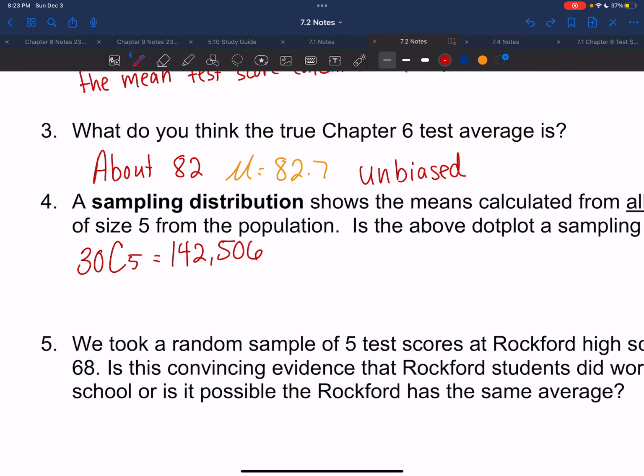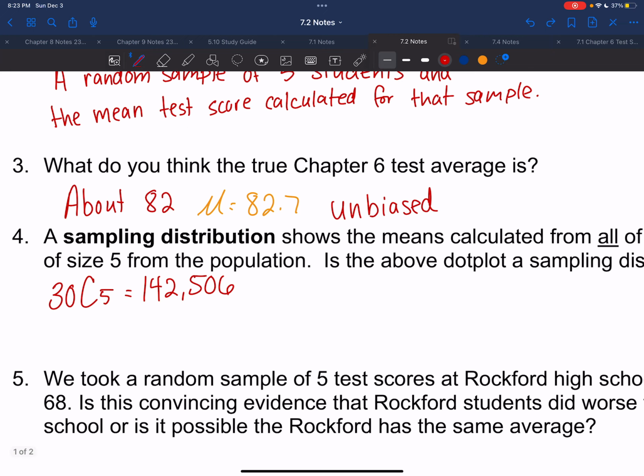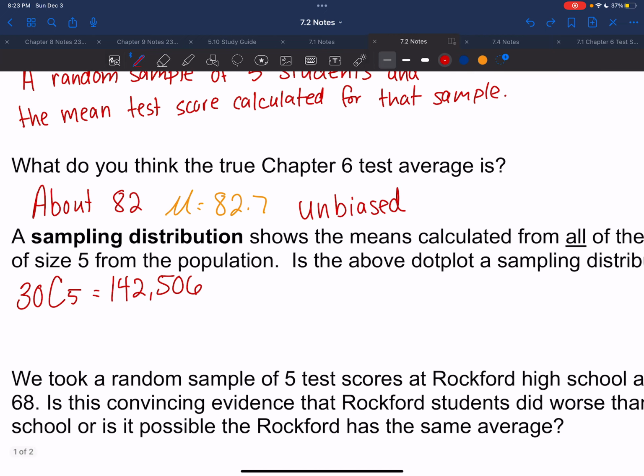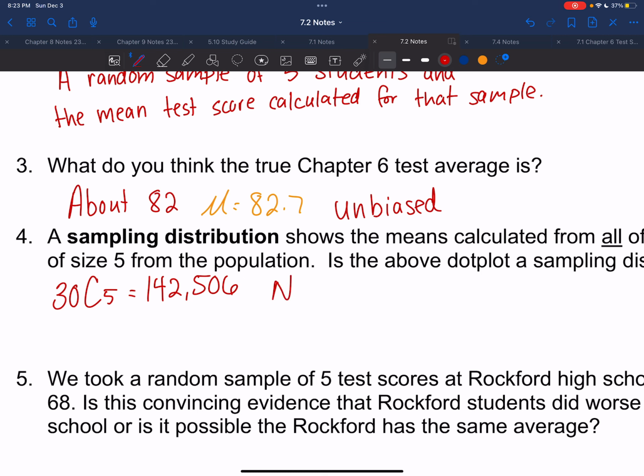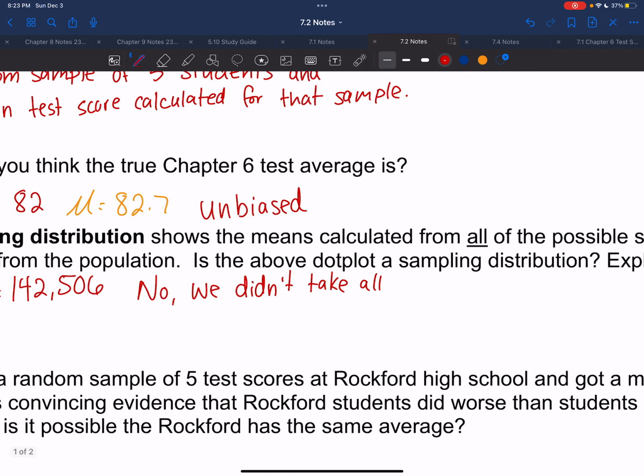So since we don't have that, it's not a true sampling distribution, all right? So the answer to is the above dot plot a sampling distribution, and explain? It would be no. We didn't take all possible samples.